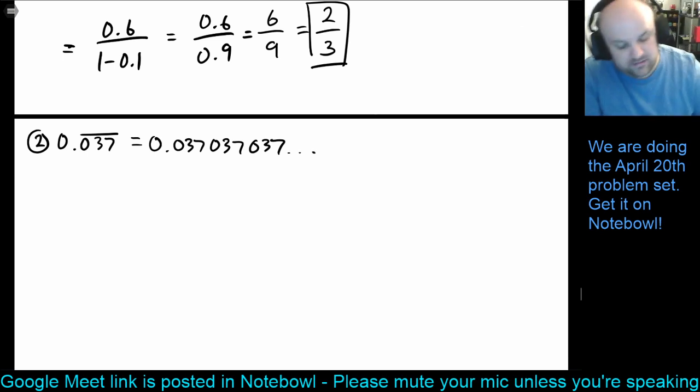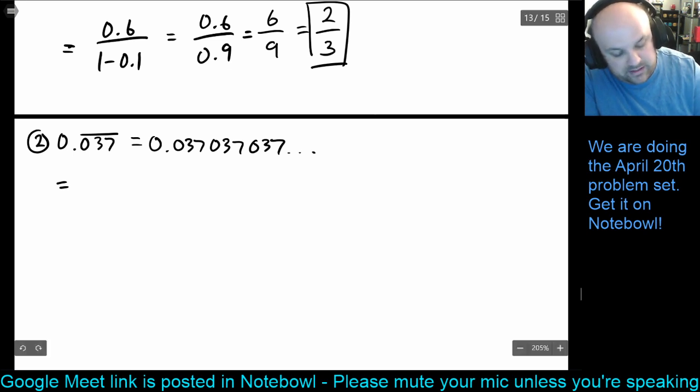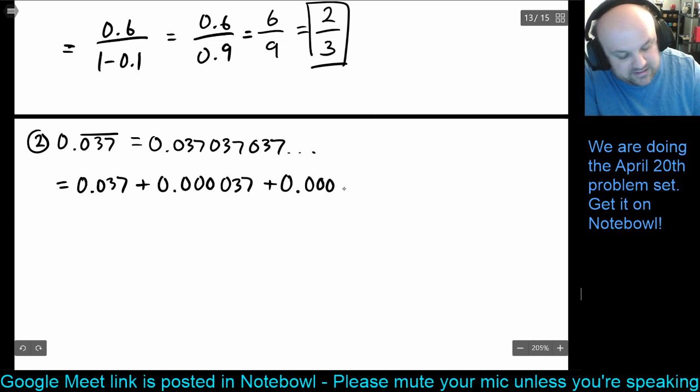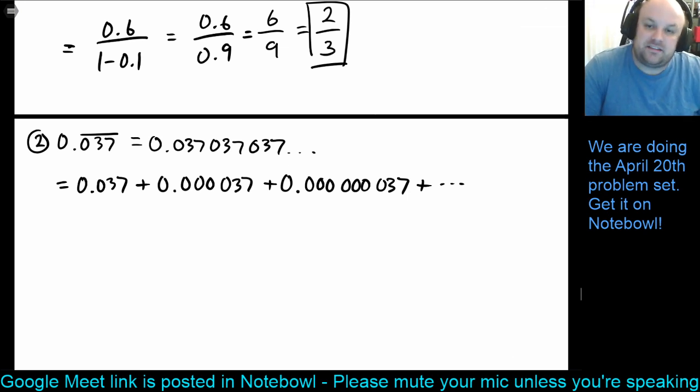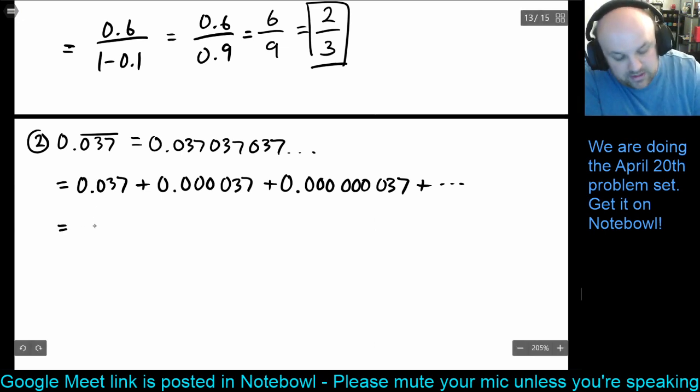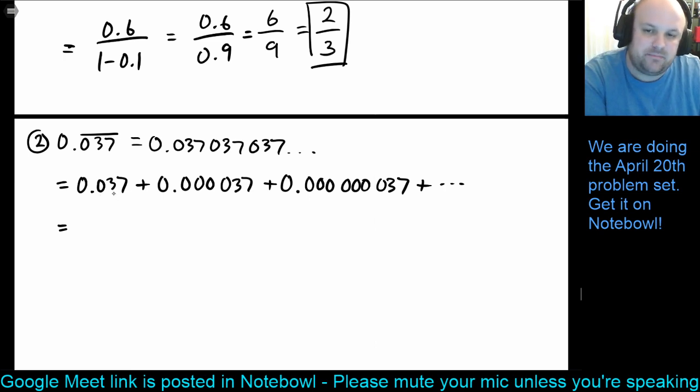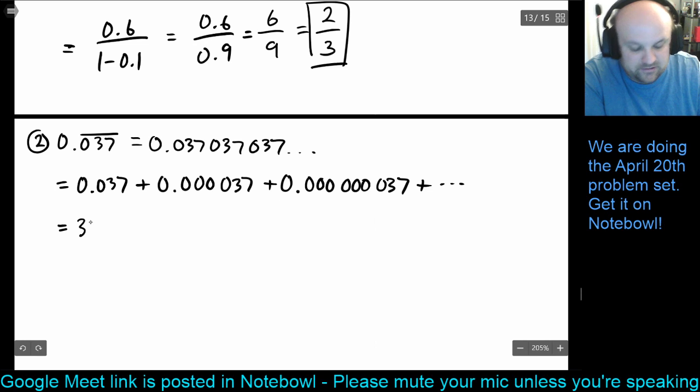Well, what's going on here? I have 0.037 and then plus 3 zeros and then 0.037, plus 6 zeros and then 0.037, and so on. So I get a pattern like this. Really the 037 is repeating, but if that's a leading 0, I can factor out a 37, and this is 0.001.